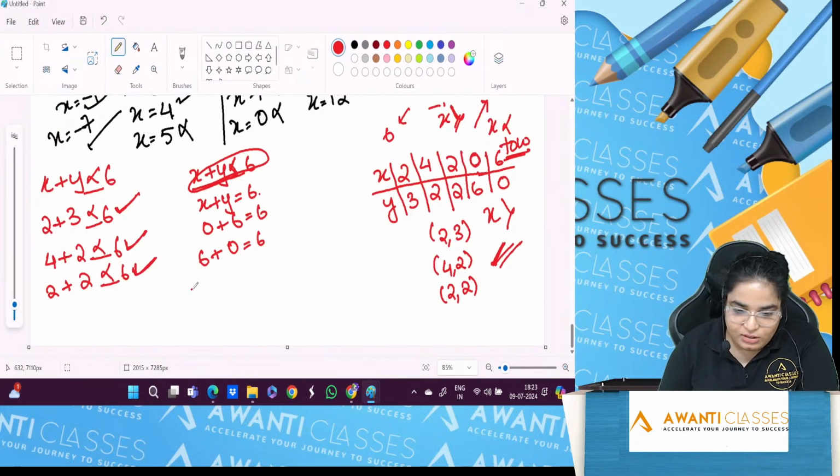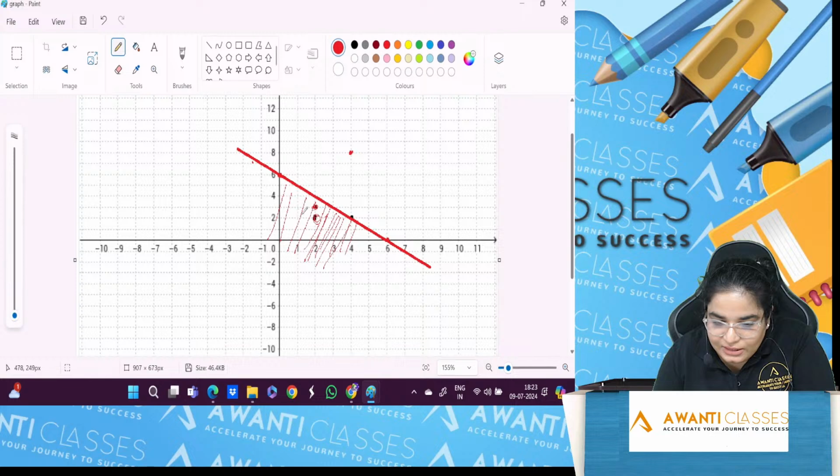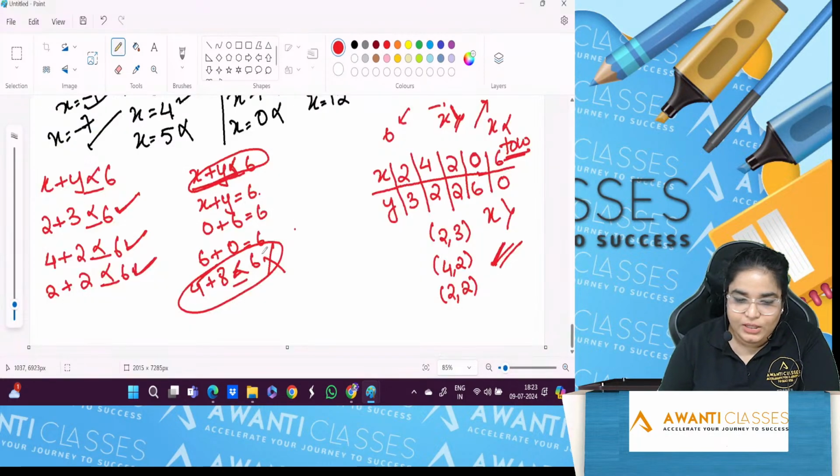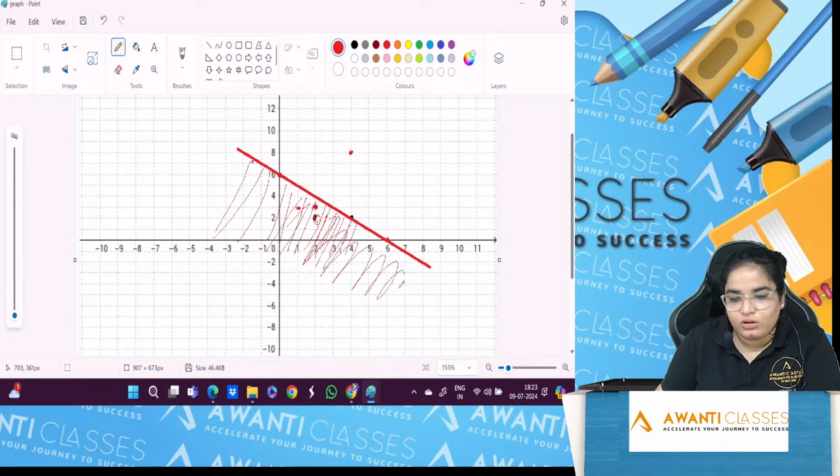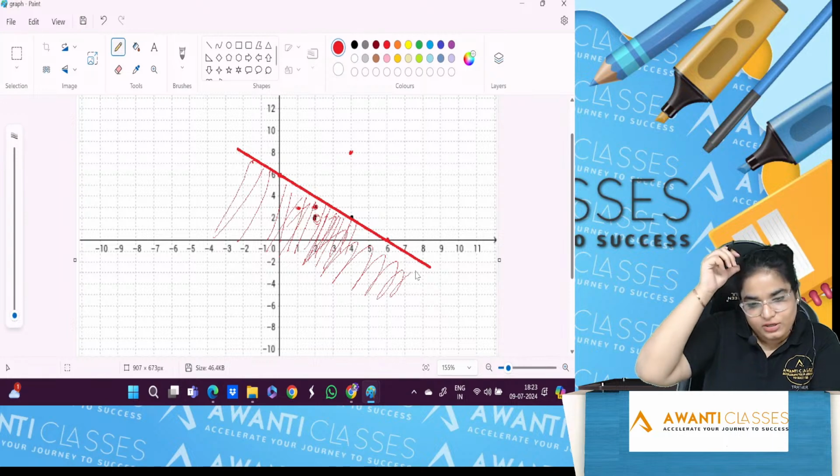If I take x as 4 and y as 8, will it be less than or equal to 6? No. Let us take anything inside also. Let us take this for example, 1, 3. If I take x as 1 and y as 3, will it be less than or equal to 6? Yes. So anything that is inside this region will be satisfactory.